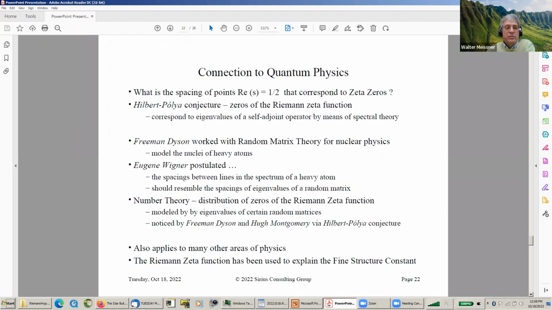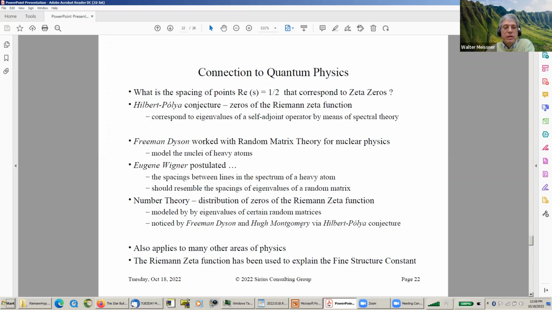there's a physicist, Freeman Dyson. He worked with random matrix theory for nuclear physics, modeling the nuclei of heavy atoms. And another mathematician physicist, Eugene Wigner, postulated that the spacings between lines in the spectrum of a heavy atom should resemble the spacing of eigenvalues of a random matrix. And one day, I think Freeman was at Princeton, and Hugh Montgomery visited him.